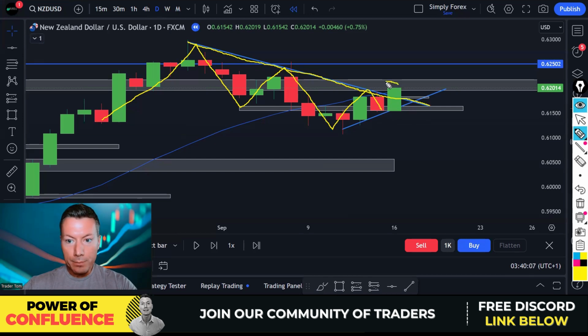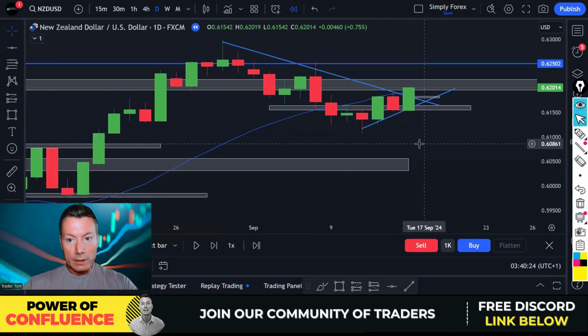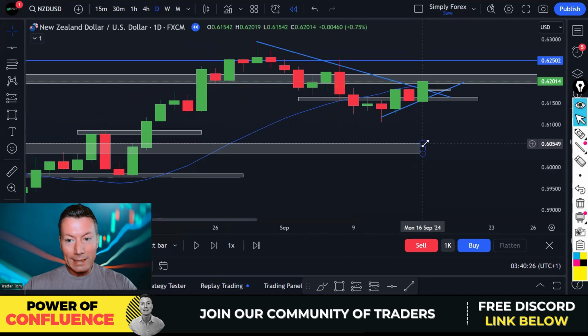But then we got this nice big bullish candle that broke out of this trend line and broke above the moving average 20. So again, the day chart is saying we can take buys. But the confluence doesn't stop there. Monthly, weekly, daily is saying buys are a good idea, at least up to here, if not further. But let's carry on.